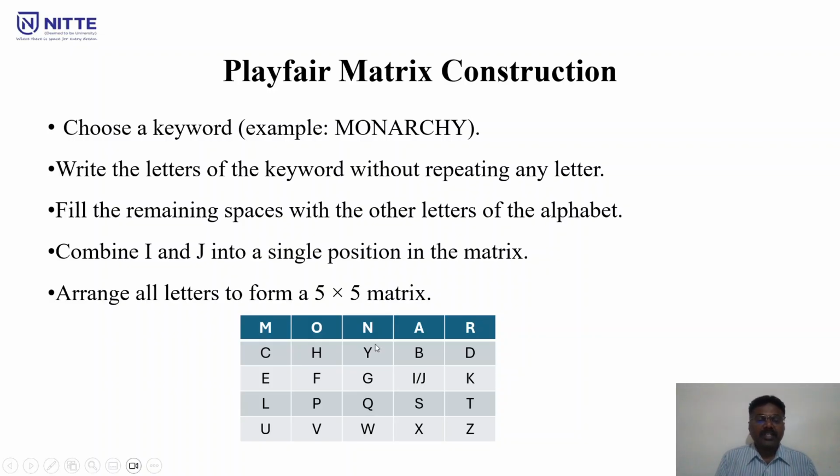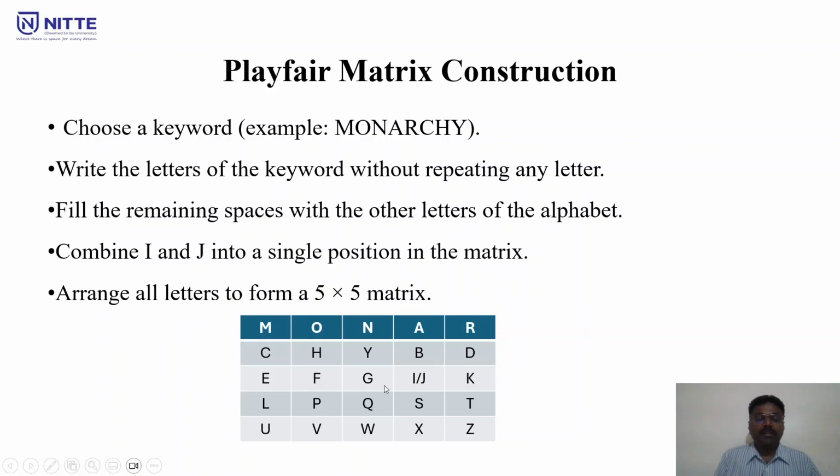When I come to the very first row of the 5 cross 5 matrix, I continuously write whatever key we have chosen, monarchy. Once all the characters of the keyword are filled in the matrix, the rest of the cells are filled with the other available letters.